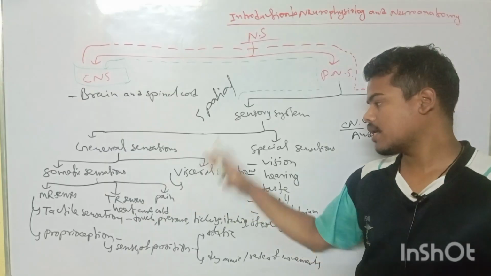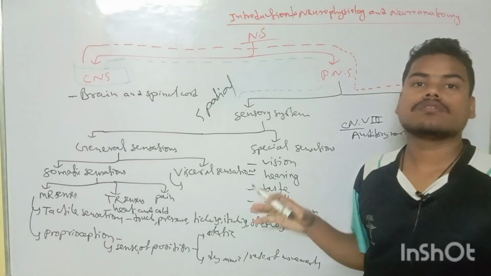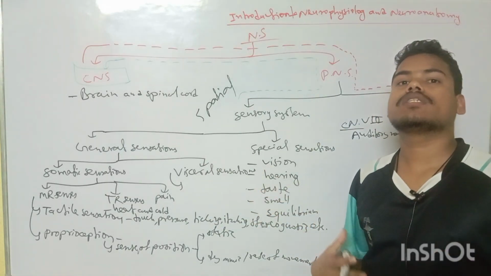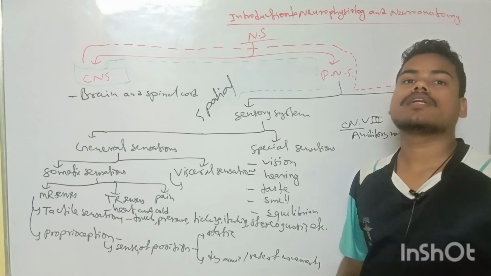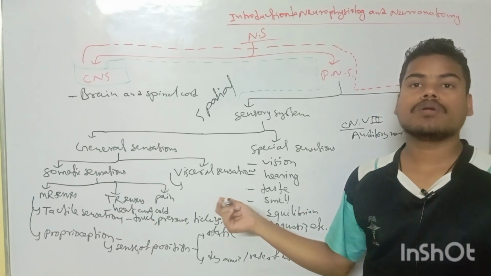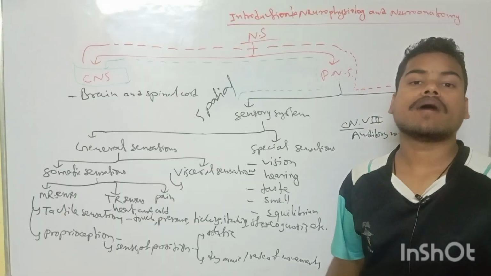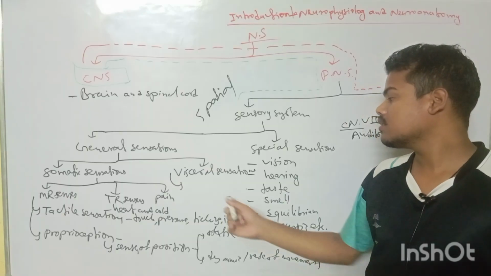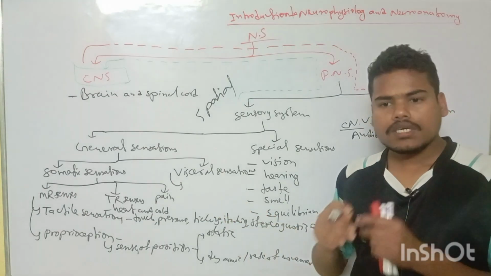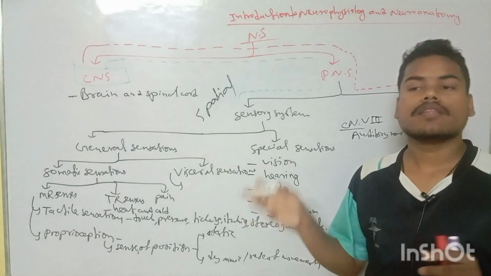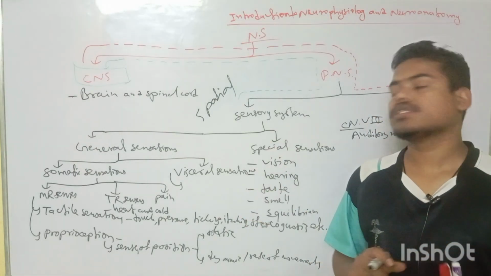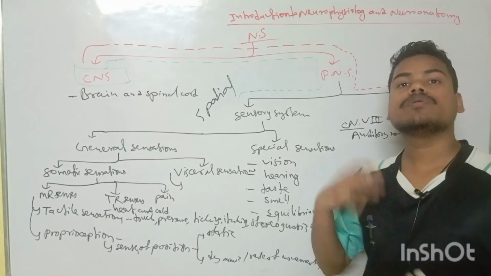For example, as I mentioned earlier, when there is ischemic necrosis, or ischemia in these internal organs. Take the example of myocardial infarction. What happens is that by any means ischemia occurs, and that ischemic damage or necrosis will elicit severe pain.